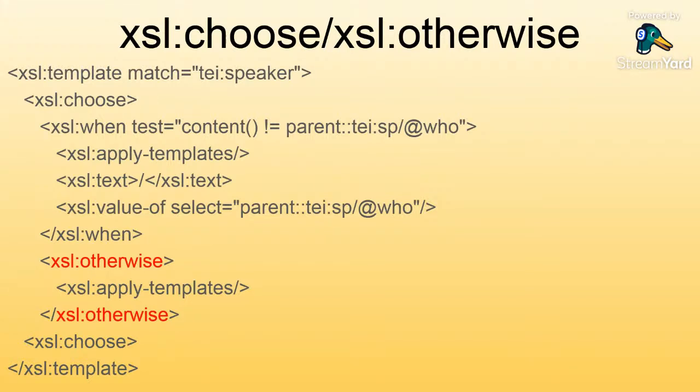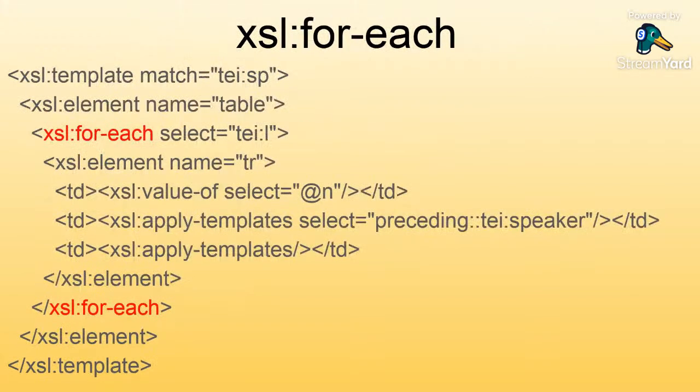So in this case, you want to say when the content and the who attribute don't match, first apply templates and then add some extra information. And you don't want to say when they do match, do nothing, because you still want to apply templates in that case. That's why you've got when and otherwise rather than a simple if.